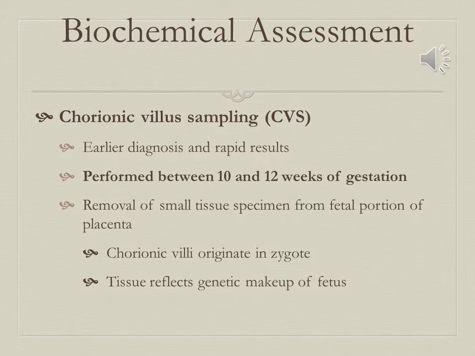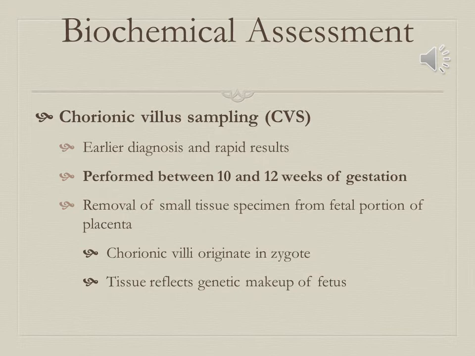The sample is a small amount of tissue collected from the fetal portion of the placenta, and because the chorionic villi originate in the zygote, the tissue is reflective of fetal genetics. Now, the CVS cannot be used for maternal serum marker screens because the sample is tissue and not amniotic fluid. We're going to talk about maternal markers coming up.